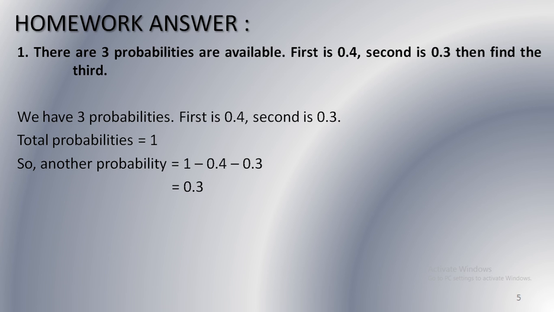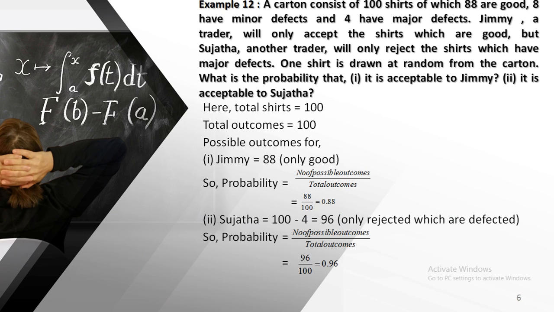So the third probability equals 1 minus 0.4 minus 0.3. So minus 0.4 minus 0.3 equals minus 0.7. So 1 minus 0.7 equals 0.3. Got it? Now go to the next.